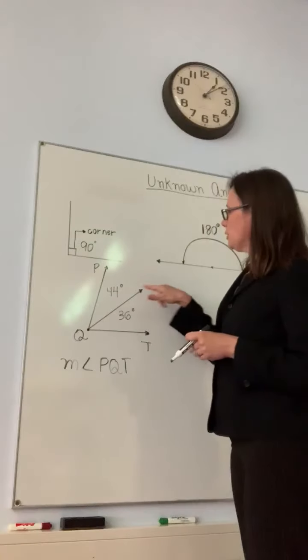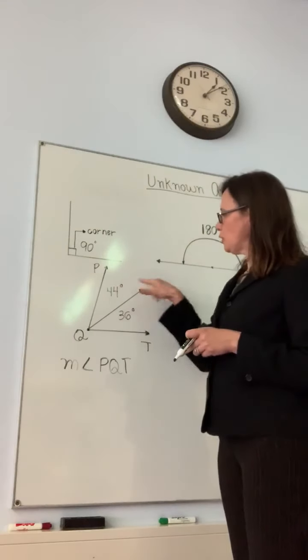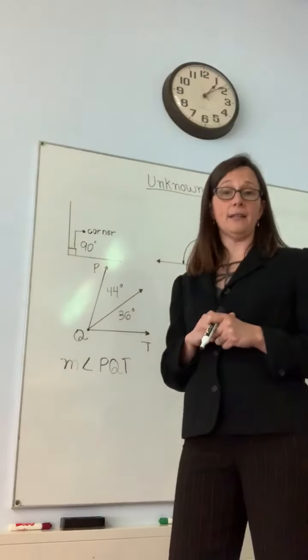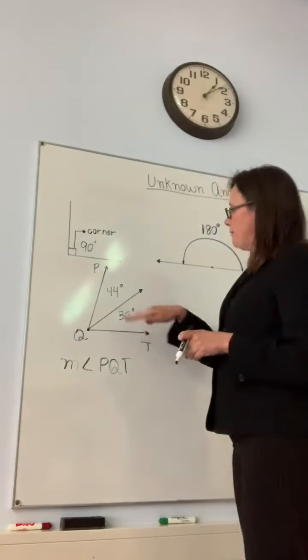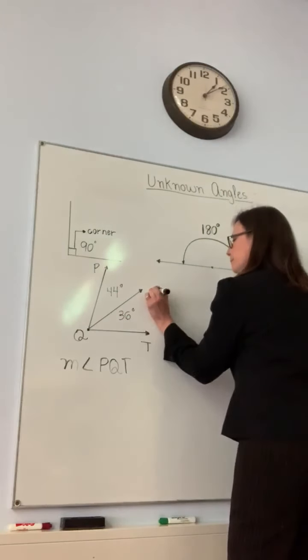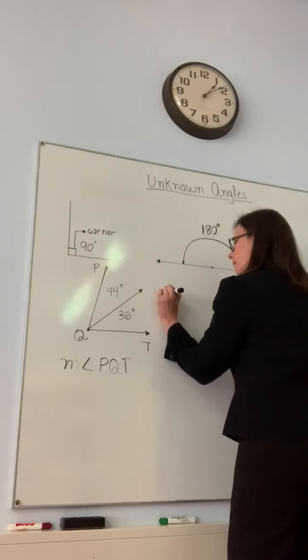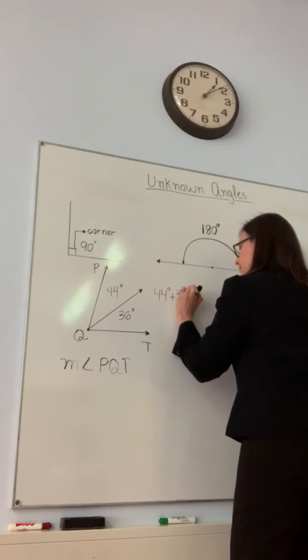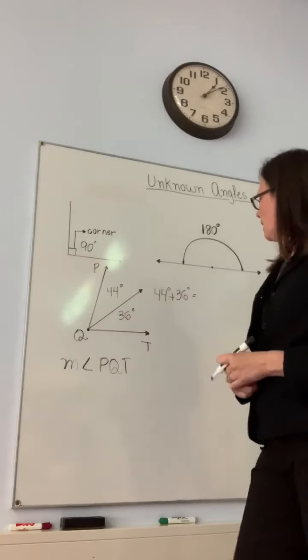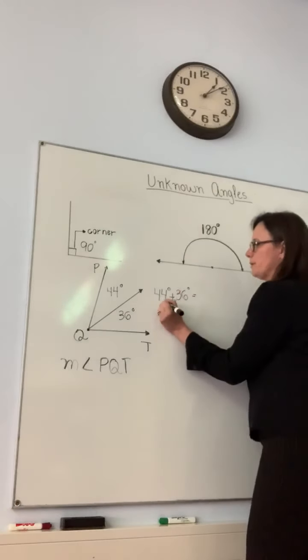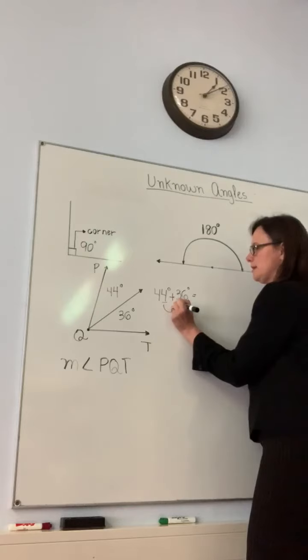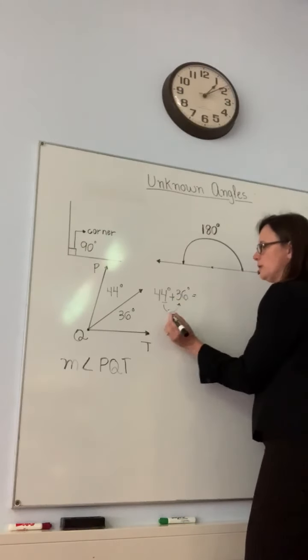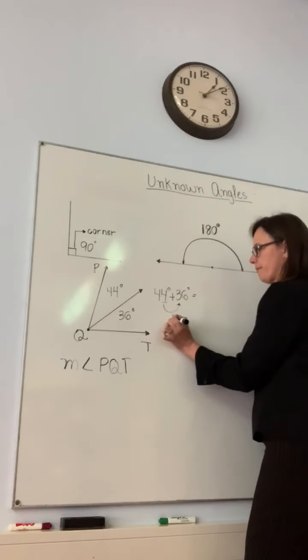If we're going to do mental math here, what could you do to make this calculation a little bit faster? I have 44 plus 36. I could take the 4 from the ones place and move it to the 36. 36 plus 4 would turn into a 40.